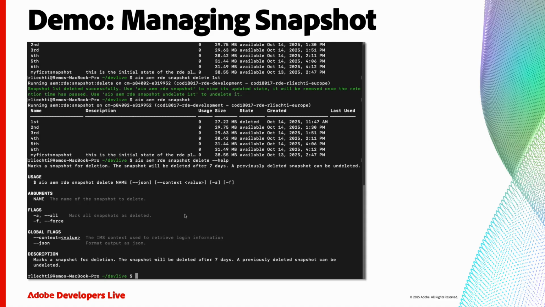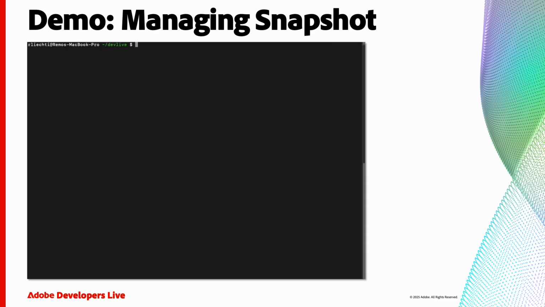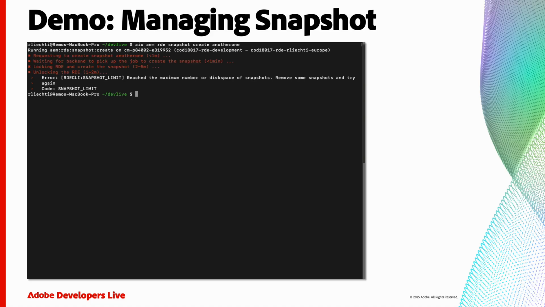So there's also a limitation of how many snapshots you can take. For example, if I try to create another one, it will fail because I already have too many snapshots.